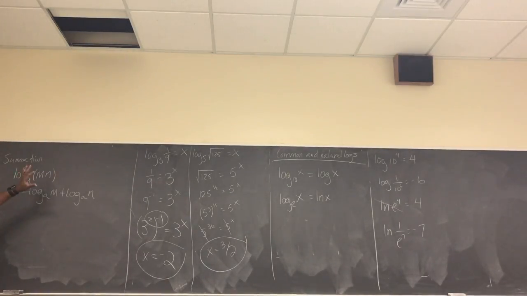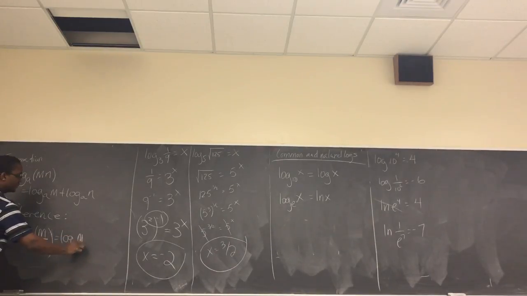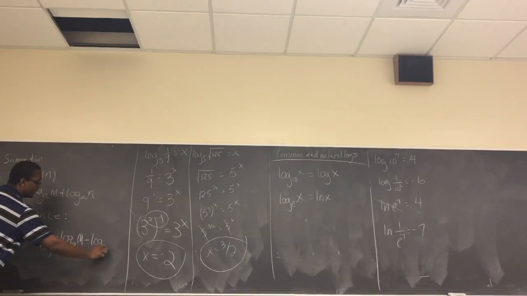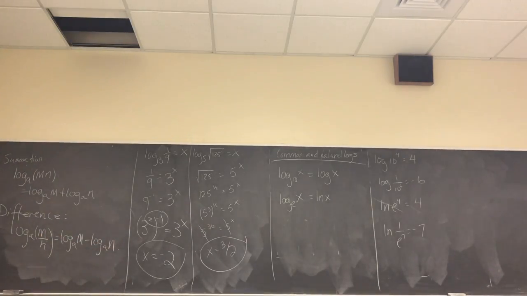Dividing is the opposite of multiplication, so you would subtract. That's the difference property of logs. Log base a of m divided by n is equal to log base a of m minus log base a of n.